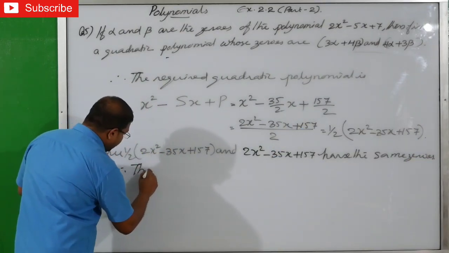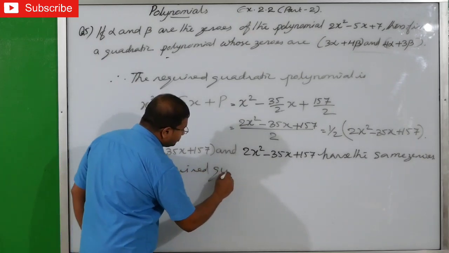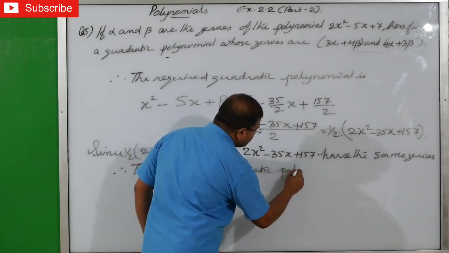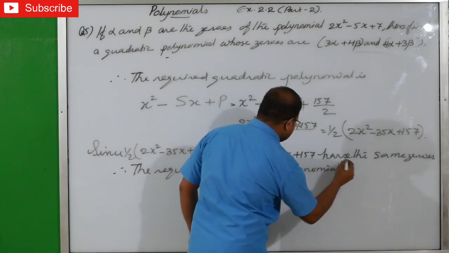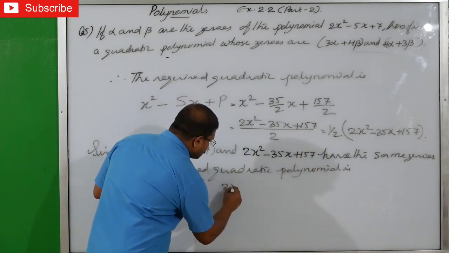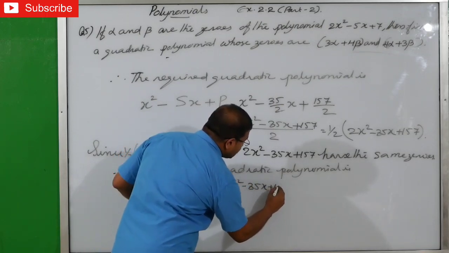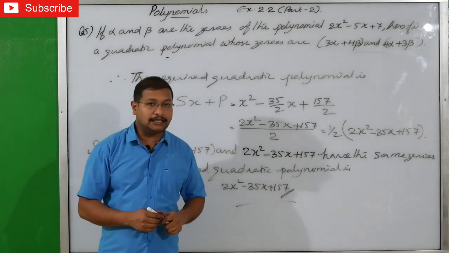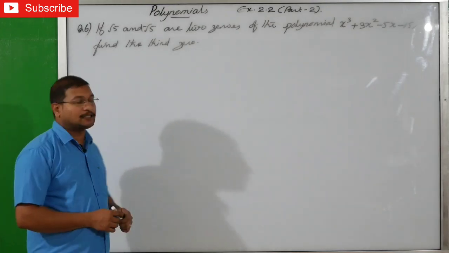Therefore, the required quadratic polynomial is, what is that? 2x square minus 35x plus 157. Little longer answer, you need to practice more time. Ready? Let's see the next question.